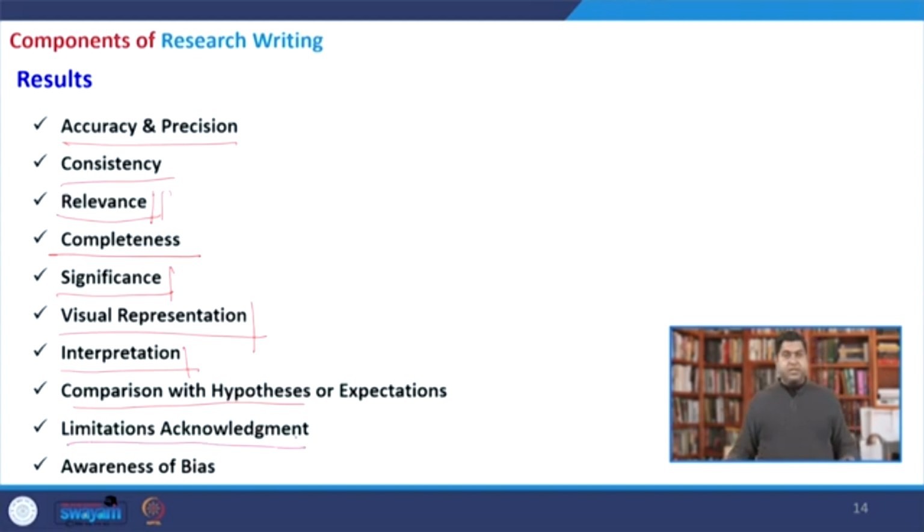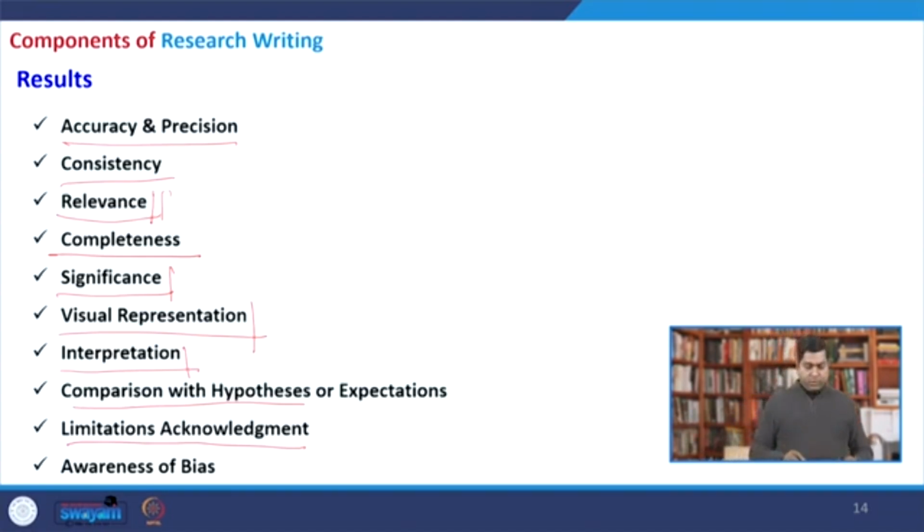Then limitation acknowledgement: if something is not coming up or it is out of the scope of that particular survey, you mention it here, so that there should not be any unnecessary argument that why you have not done it. So if your intention is to study the gender heterogeneity, you mention why gender heterogeneity, and then it should not be a case that one may ask you, okay, have you also seen the income, have you ever seen what is the ownership status of the car.